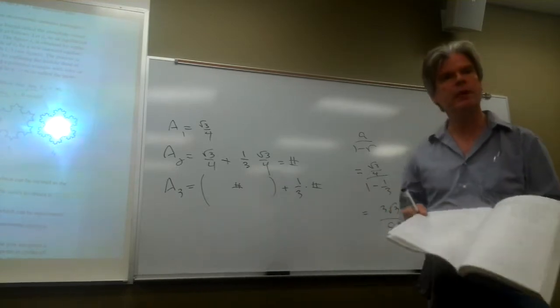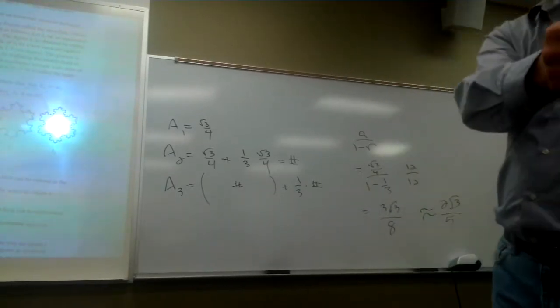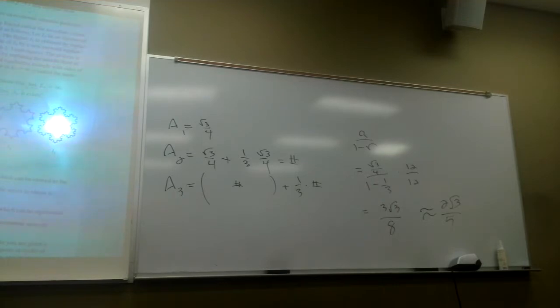I don't see it. I'll have to think about it. Would it be 1/3 pound symbol or 1/3 of the new triangle? 1/3 of the total previous area. 1/3 of the A sub 1.